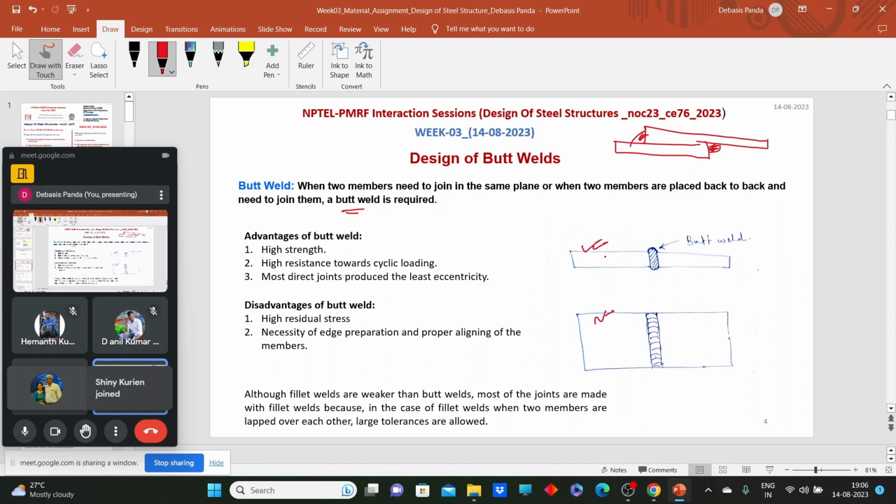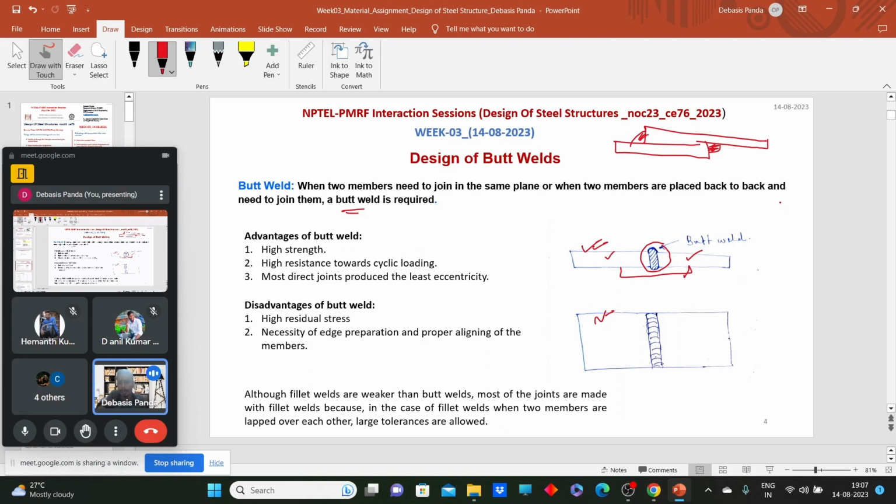If we see that there are two plates, basically what we do is prepare these edges, and then we deposit the weld within that material. During that process, yes, we need some backup plates and all these things; I will go into it. But we have an idea that when we need to connect two members face to face or back to back, we go for the butt weld.